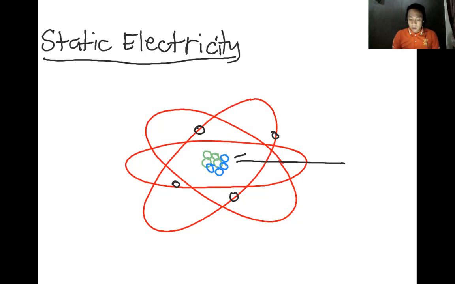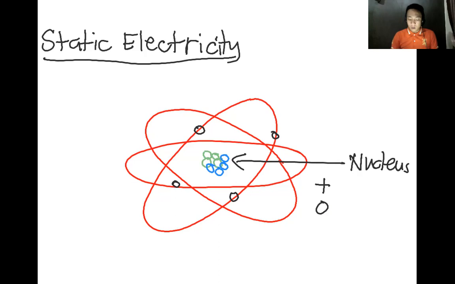Inside the atom is what we call the nucleus. The nucleus consists of two particles: the positive particle and the neutral or zero particle.